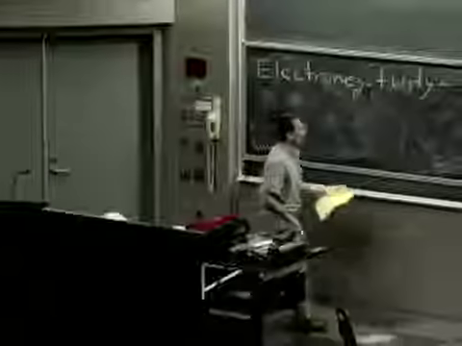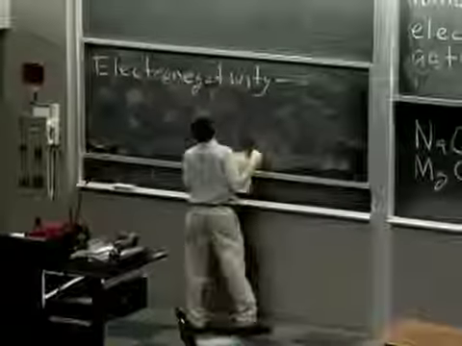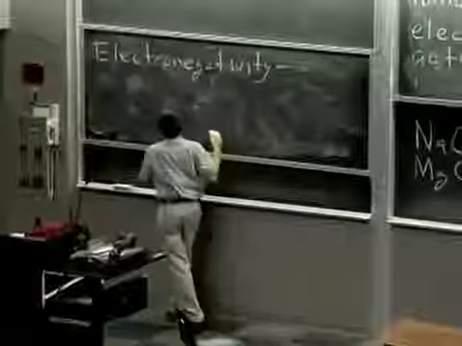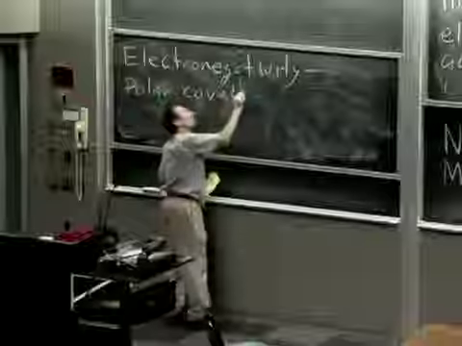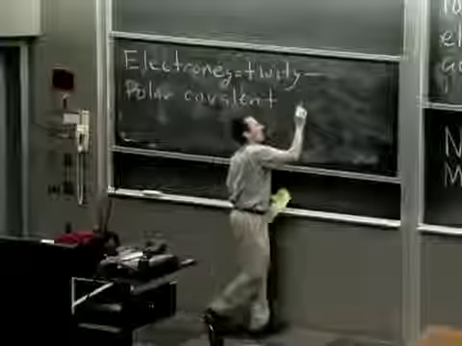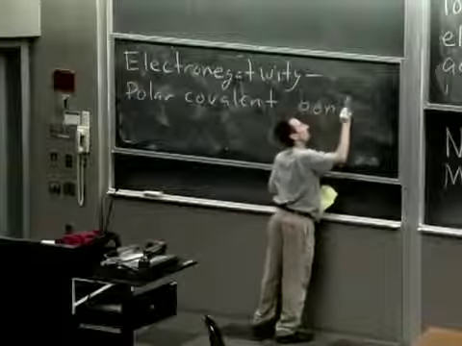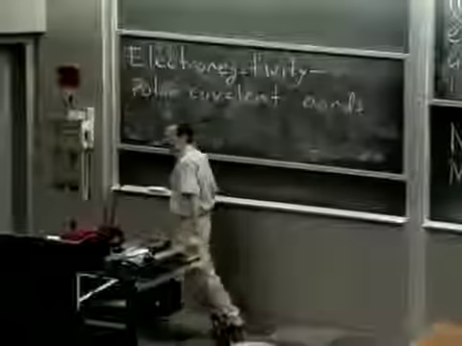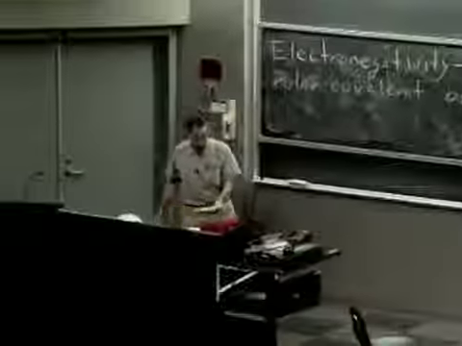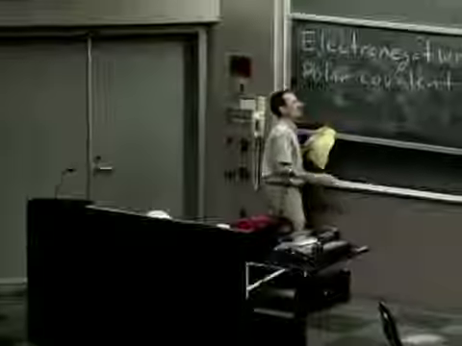I'll give you a general rule of thumb. Polar covalent bonds generally have electronegativity differences of less than about 2.